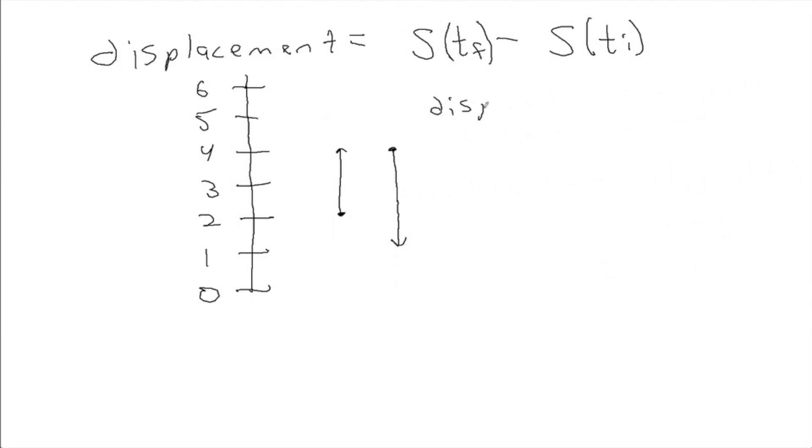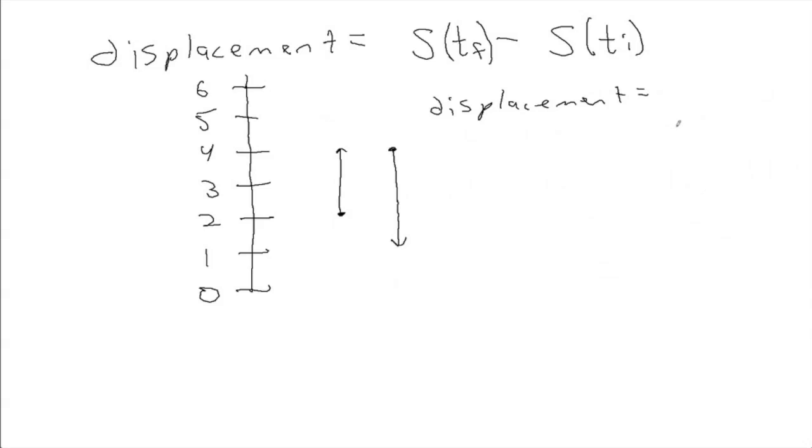So calculate the displacement. Okay, so we started at 2, and then we ended at 1. So we would have our final was 1, so 1 minus our initial, which was 2. 1 minus 2 is -1.